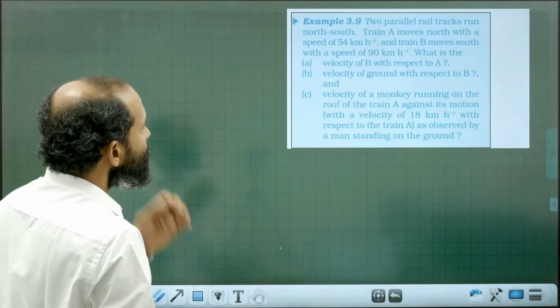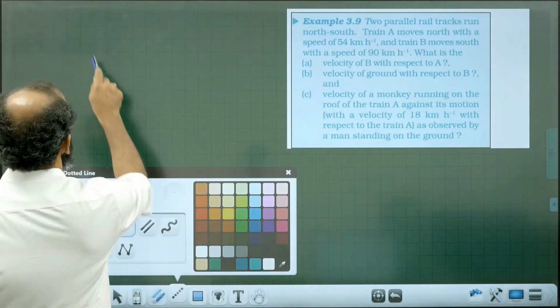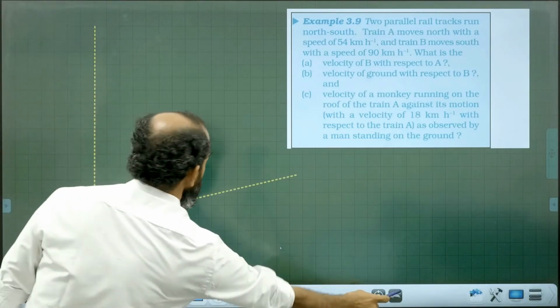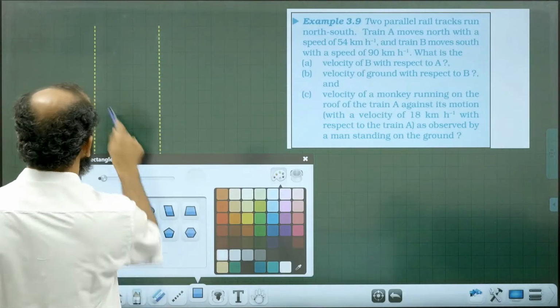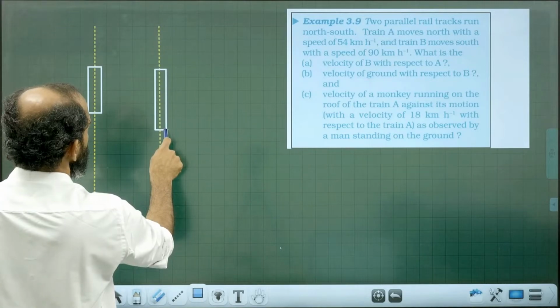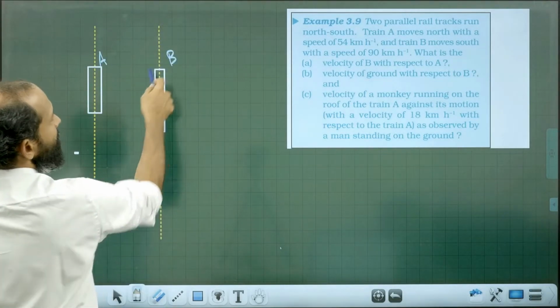Train A moves north with speed 54. These are the two parallel tracks, and on each of them trains are running, train A and train B.